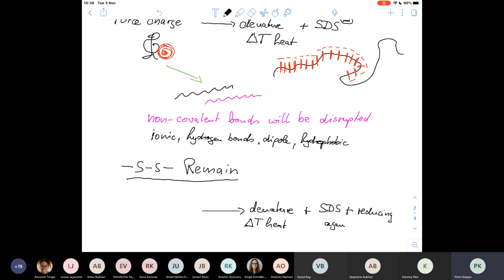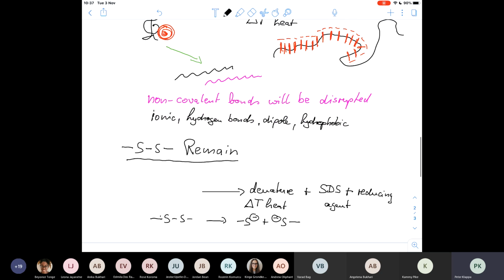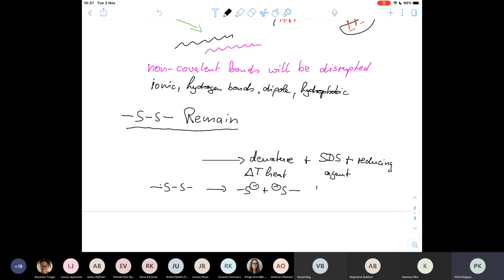A reducing agent will cleave disulfide bonds. It will do this. It will cleave the disulfide bond, and very often we will use a compound called beta-mercaptoethanol, or just beta-ME.